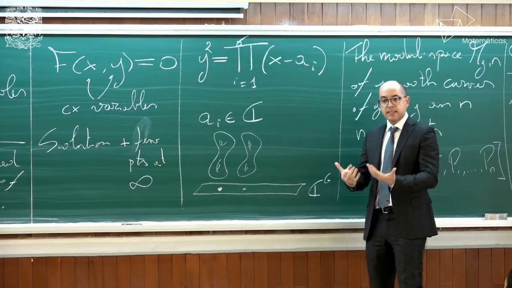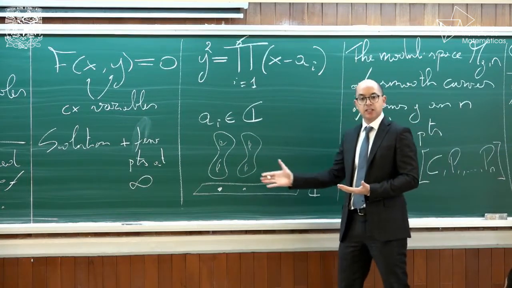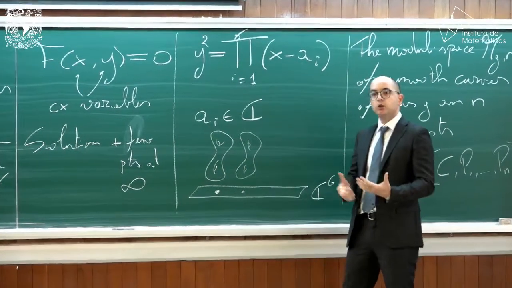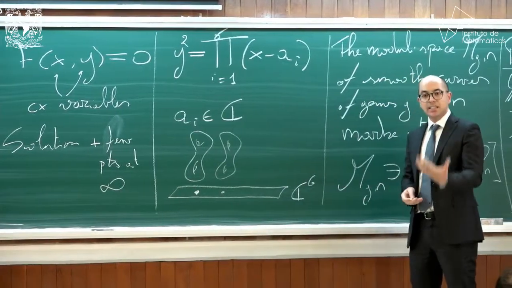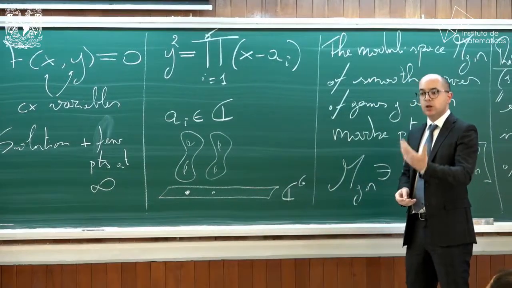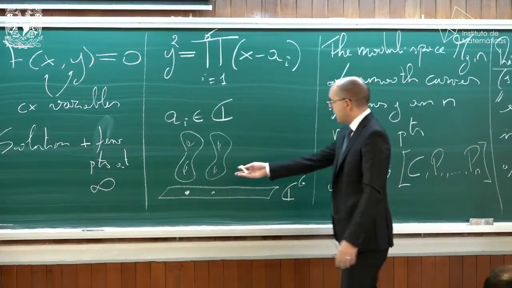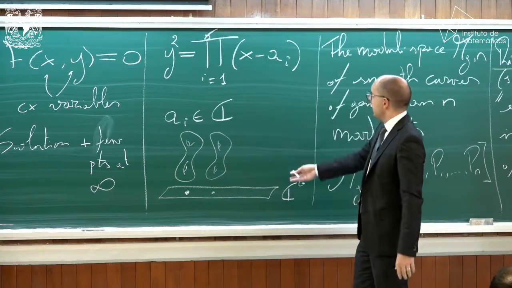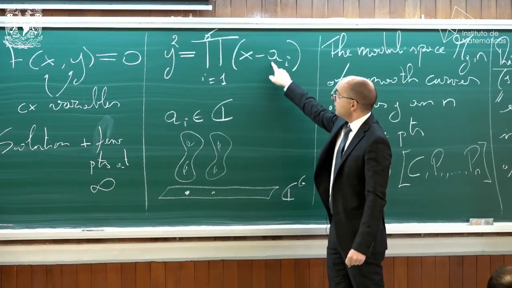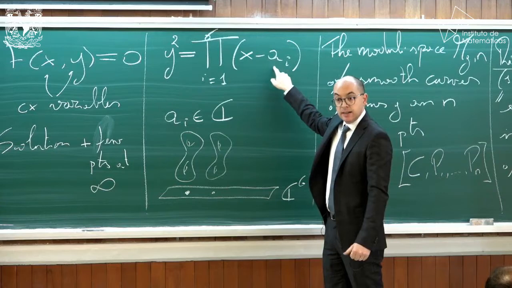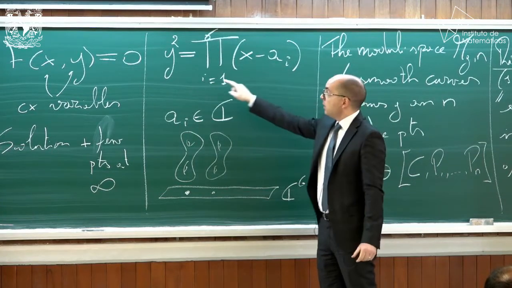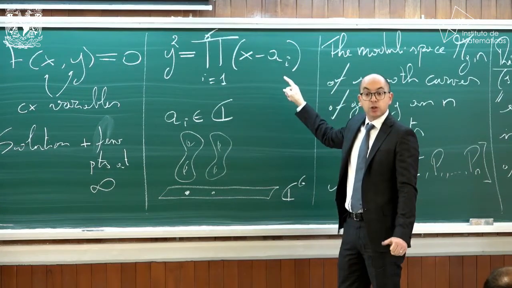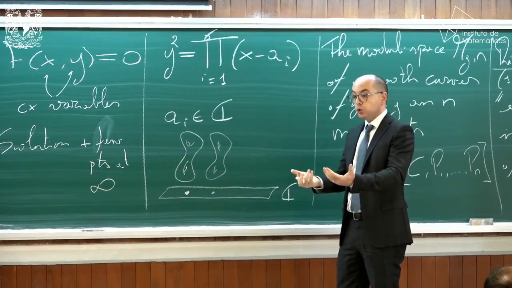So if you are interested in studying objects of this type, then you are naturally also led to consider singular curves, curves with singularities. Why is that? Well, let's make an analogy. Let's complete the examples here. What happens when some of the a_i's coincide? Just by looking at the equation, you see that your solution set is singular.